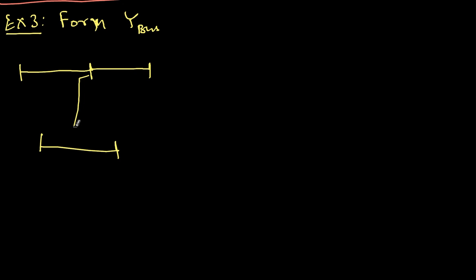So these are all buses. You notice that there are 5 buses. Let me enter the bus numbers: bus 1, bus 2, bus 3, bus 4 and bus 5. And there are different transmission lines like this. So 1, 2, 3, 4, 5, 6 lines are there.